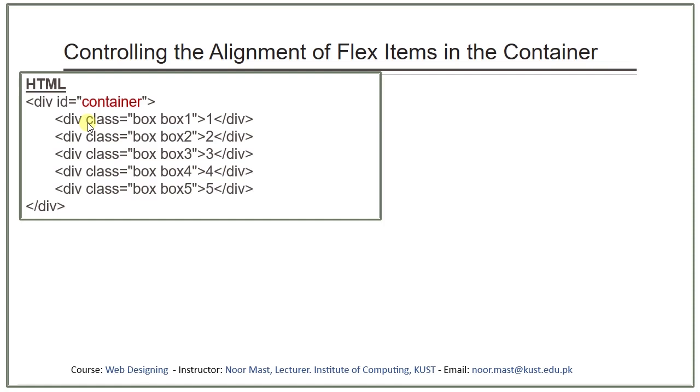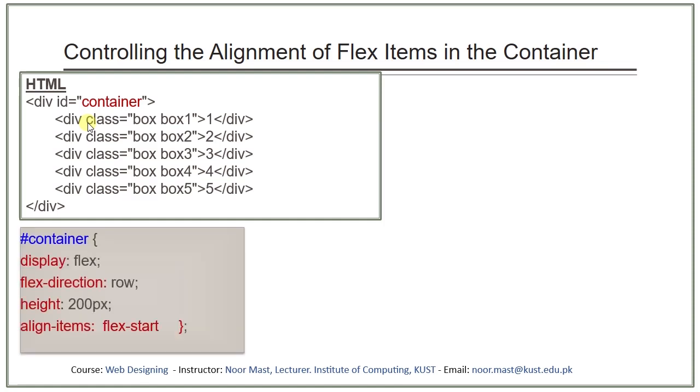Now, to specify the CSS rule to convert this div into a flex container, set its display property to flex, and the flex-direction property is row, while say the height of the container is 200 pixels, and the value of the align-items property is flex-start.